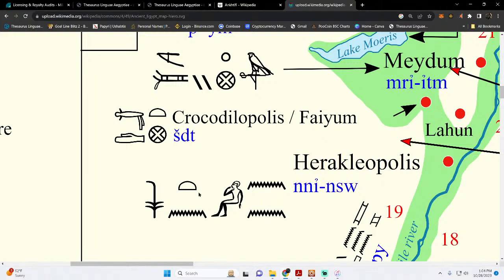But if you switch this around, it says "no king." The double N's right here give us a different form of negation. Two N's run together in ancient Egyptian give us what in African American Vernacular English would be negation.